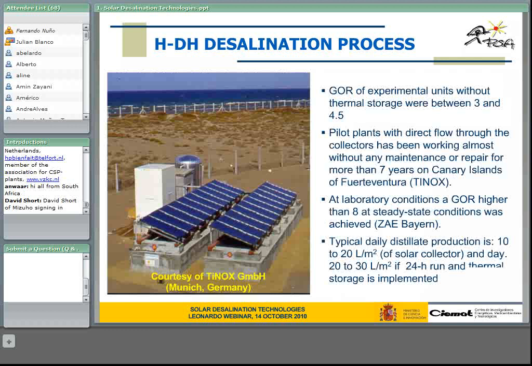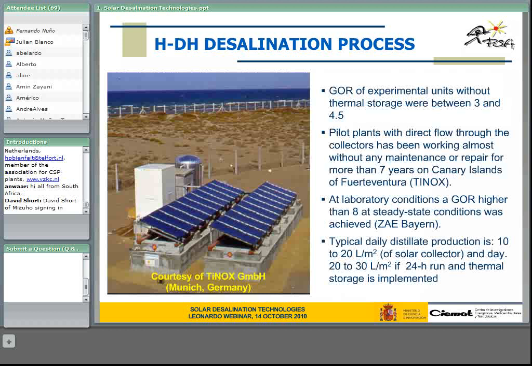From the experimental point of view, the GOR of this unit has been checked and is in the range between 3 and 4.5. There has been a number of pilot plants, like the one that you can see in the picture, courtesy of Tinox, a company from Germany.